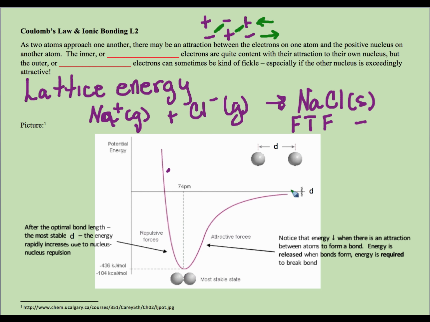Now what we're talking about is repulsion. Repulsive forces increase this way, but repulsive forces are positive potential energy. So this is what it looks like if we're talking about repulsive forces for ionic.